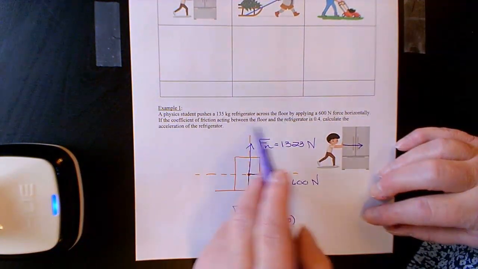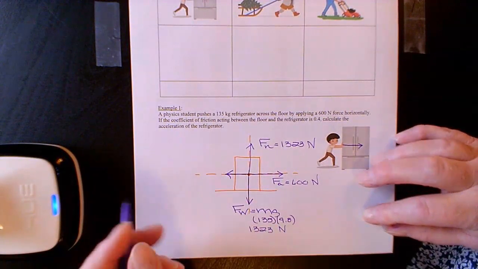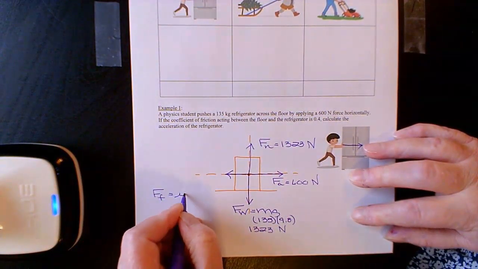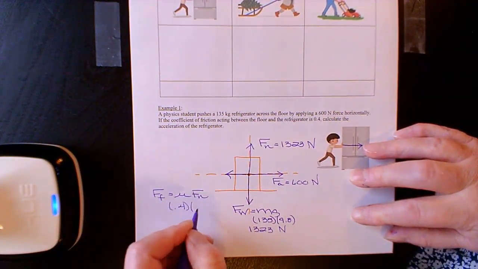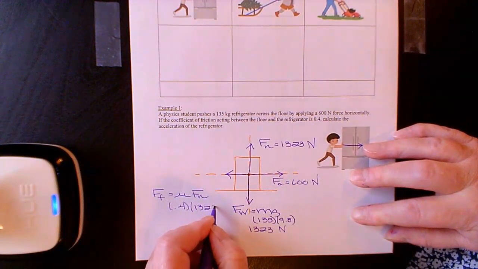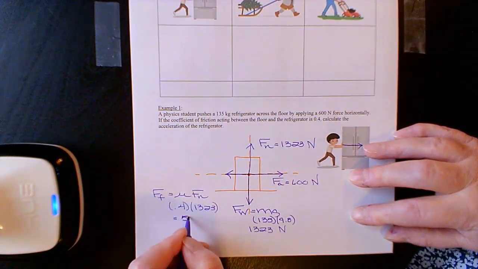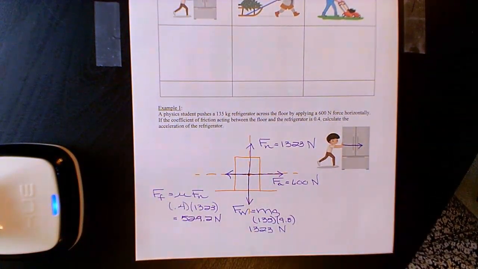All right, then we have friction in our story, and I'm going to make my friction arrow a little bit shorter there. So friction is mu times Fn, so that's 0.4 times 1323, and that equals 529.2 newtons.